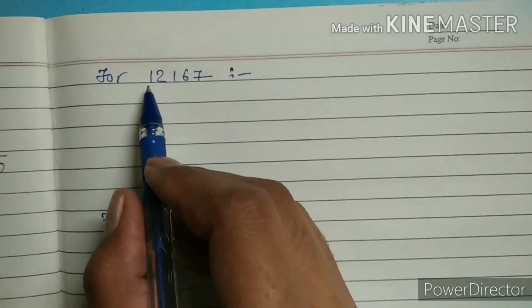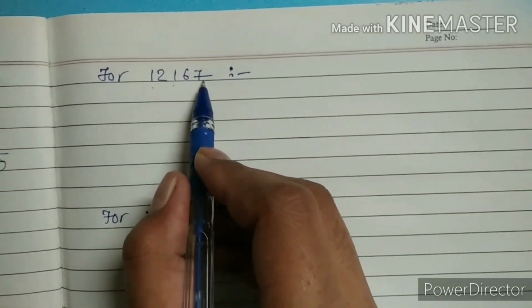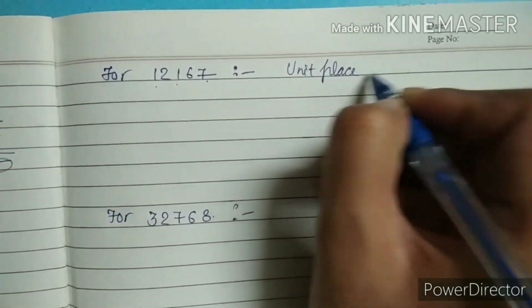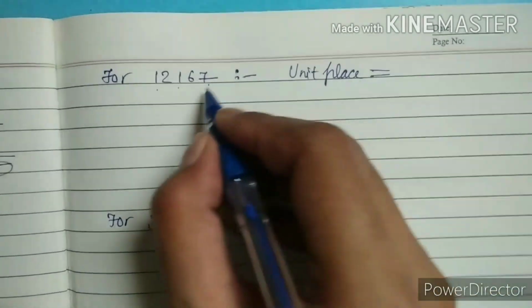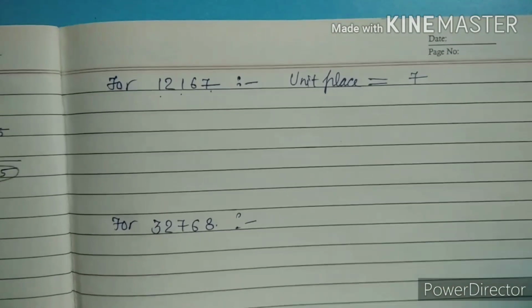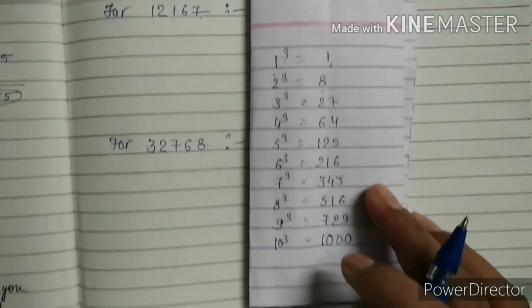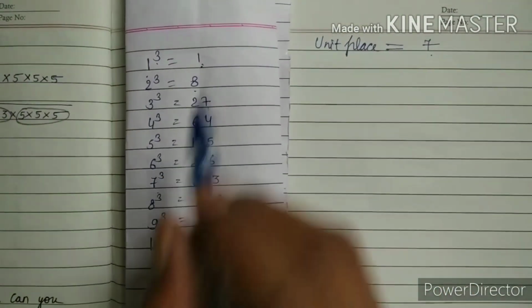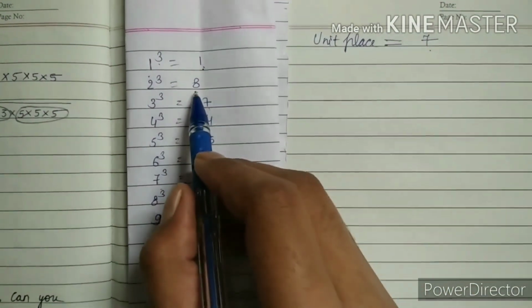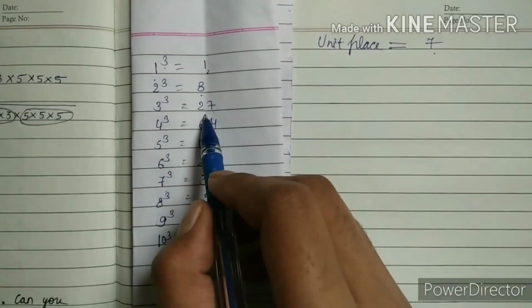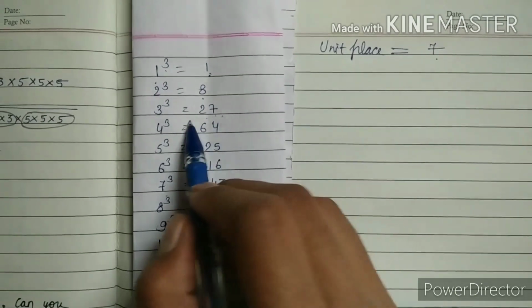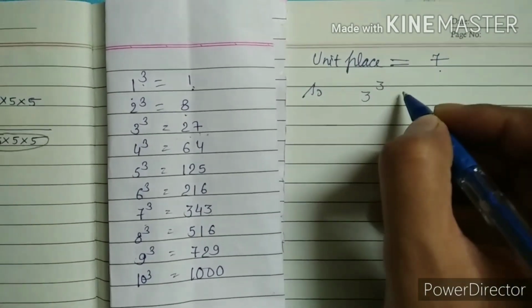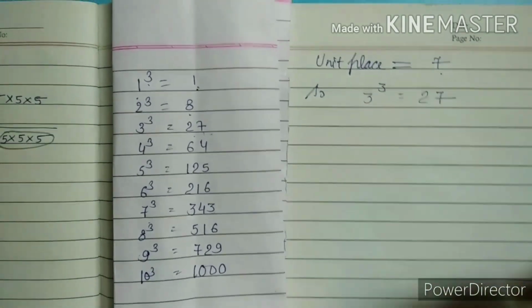Next number is 12167. Its unit place is 7. When we take cubes, 1 has 1, 2 has 8, 3 has 7. So 3 cube is 27.